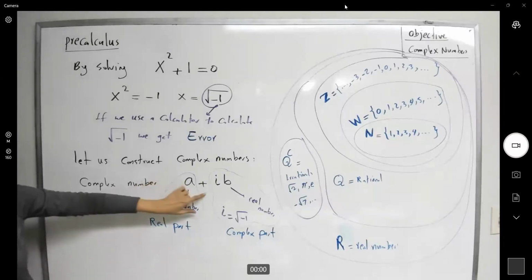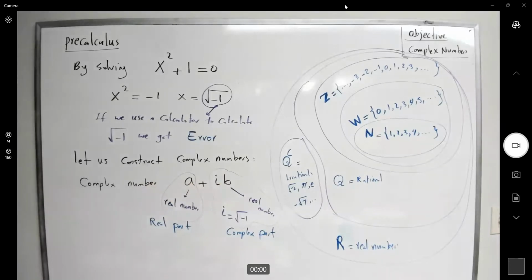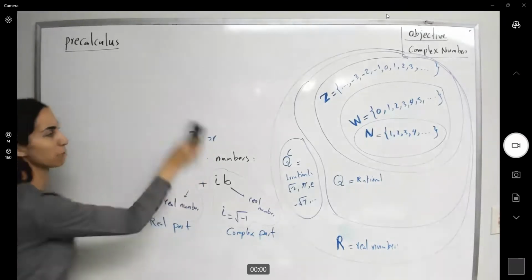It has a real part plus a complex part. Very good. So we have complex numbers.